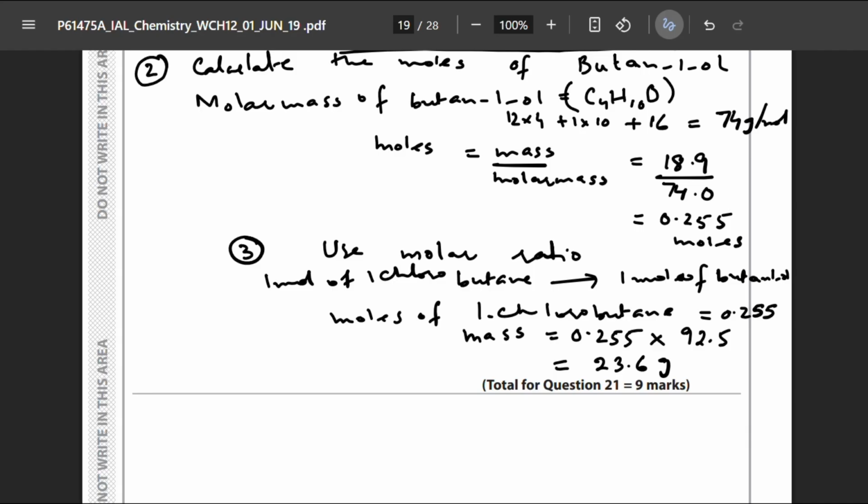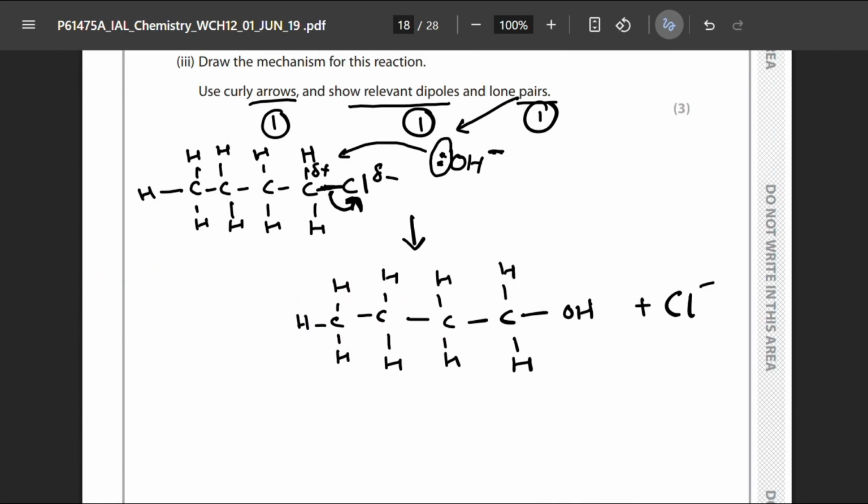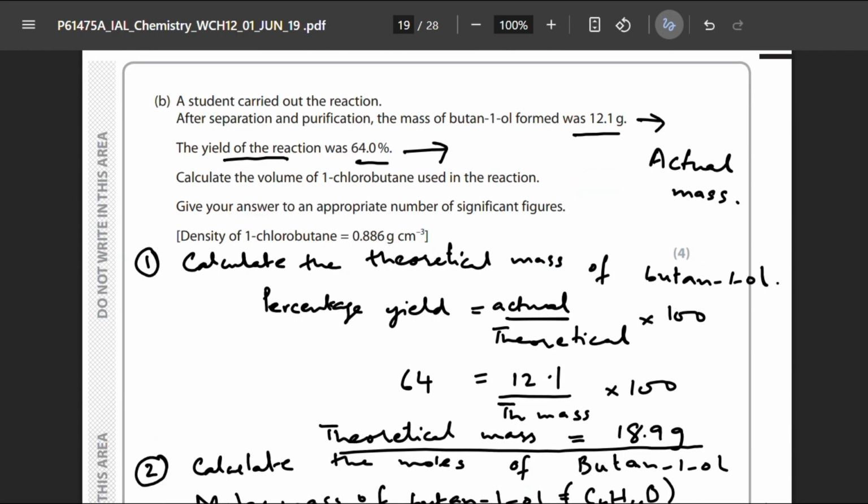You can find the molar mass of 1-chlorobutane. So basically that is 92.5. Now you have the mass of 1-chlorobutane, and if you look at the question, they have asked about the volume of 1-chlorobutane that was used in this reaction.